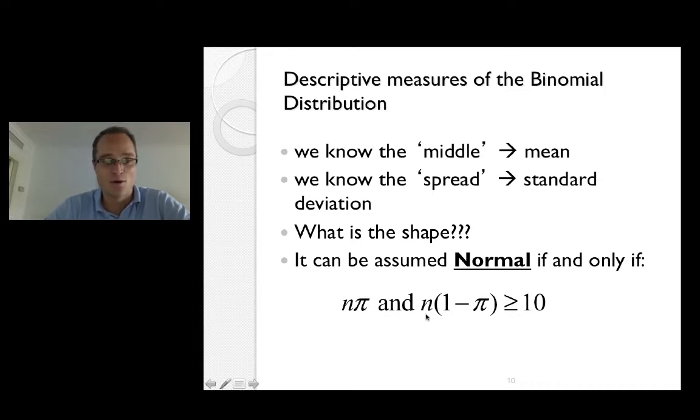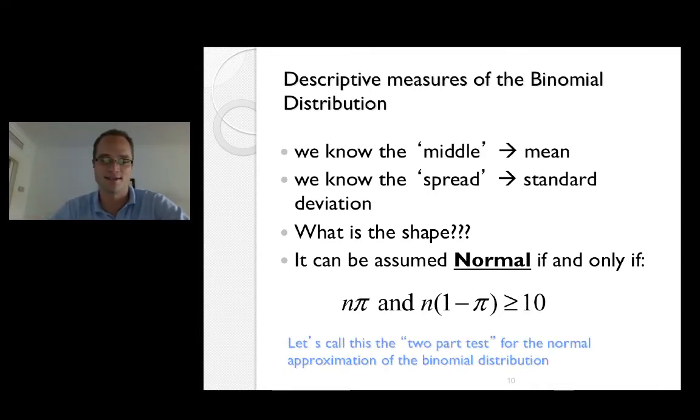And it's not an or, it's an and: n times the probability of a failure has to be 10 or more. If these two conditions are both satisfied, then we can safely approximate this as normal. I'll show you a little demonstration to illustrate why this is the case. We're going to call this the two-part test because it has two parts, two conditions.